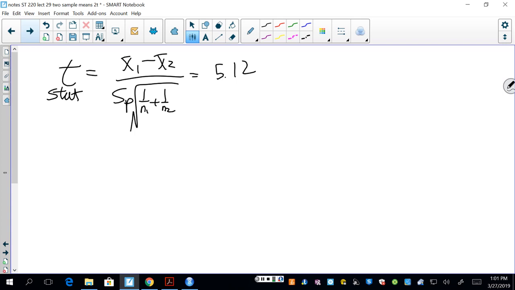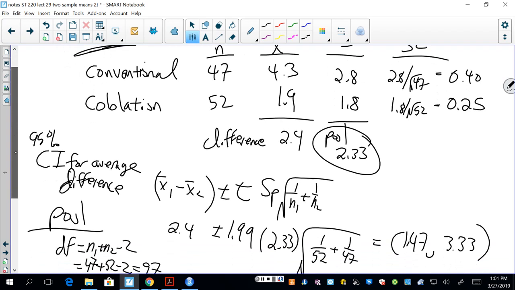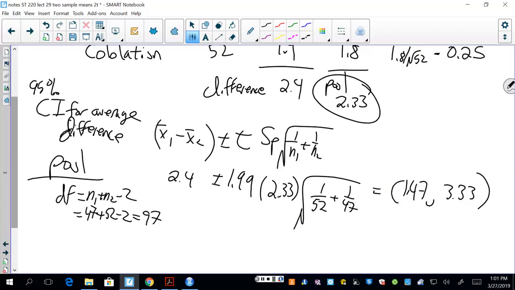Wow. Yeah, it's several standard errors, the difference. Why is it so big? I didn't compute this, but it's 2.33 times 1 over 52 plus 1 over 47, so it's like 1 over 25 almost, and so that's like 1 over 5.